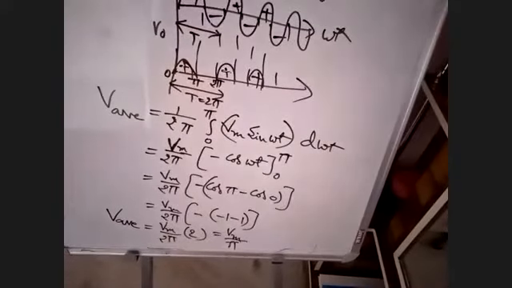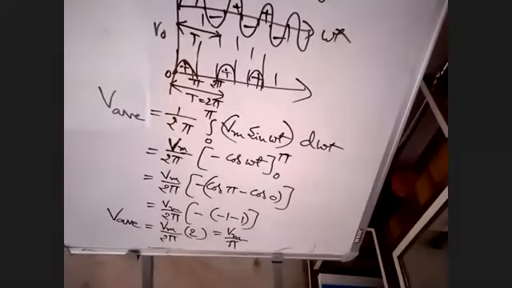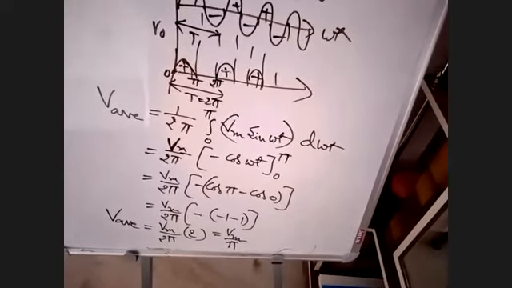So in exam you have to derive this. For what are you determining the average voltage? For input voltage or output voltage? Output voltage. For output voltage, you are deriving the average value.